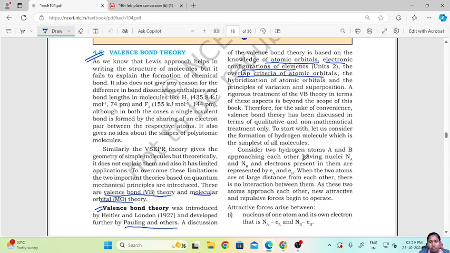Now, to start with, let us consider the formation of the hydrogen molecule, which is the simplest of all molecules. Here the valence bond theory has been explained with respect to the hydrogen molecule.